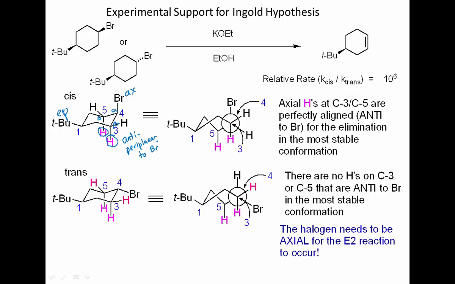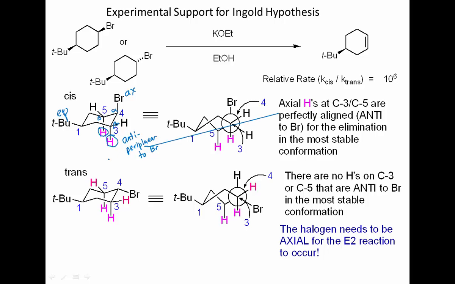I've shown it over to the right as a Newman projection, but the same general idea. They're anti. They're perfectly aligned for the elimination. So in the most stable conformation, this is the conformation that's probably more than 99% of the bromocyclohexane at room temperature, it's already perfectly aligned.